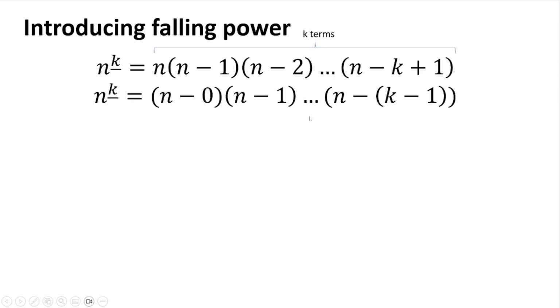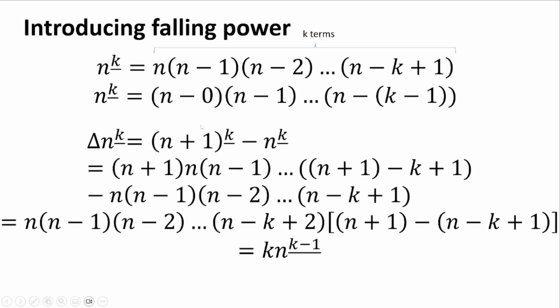What is the main advantage of this? The main advantage is that if we take the forward difference for n to the falling k, it will be equal to n plus 1 to the falling k minus n to the falling k by definition. If we compute n plus 1 to the falling k, we'll get n plus 1, n, n minus 1, to k terms. n plus 1 is the first, and the falling power here represents the number of terms we take.